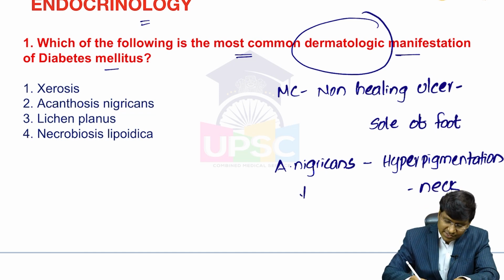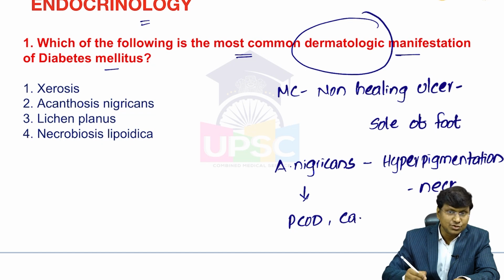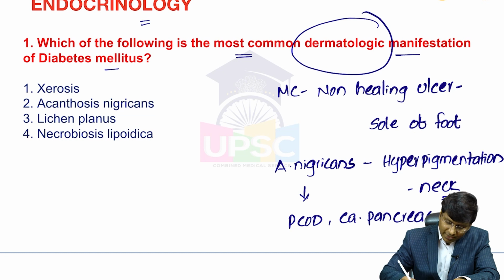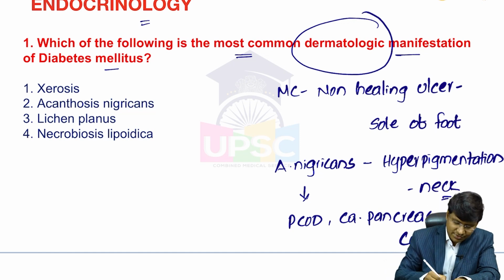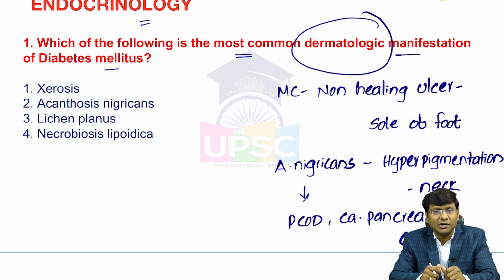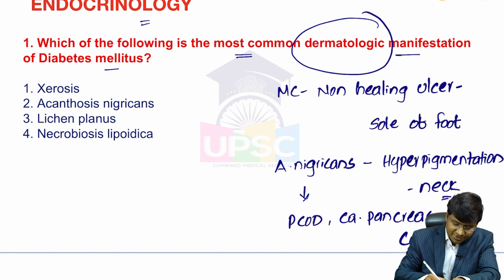And this acanthosis nigricans is also observed in case of polycystic ovarian disease, next, in case of carcinoma of the pancreas and carcinoma of the colon, right? So these are all the conditions where you have acanthosis nigricans. And that is the next important dermatological complication in diabetes mellitus.